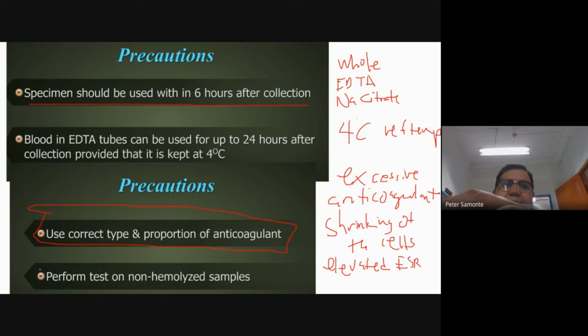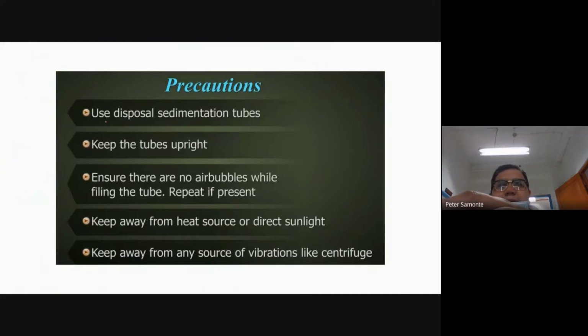Then you have to perform tests on non-hemolyzed sample. So use disposable sedimentation tubes. Depende sa'yo if gusto mo ng disposable, pero sabi ko nga, mas safe ang disposable kaysa lilinisin mo ulit, kasi mamaya may sakit yung blood na ginamit nyo.